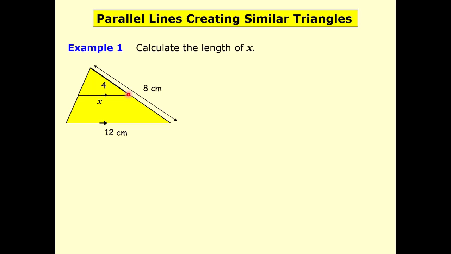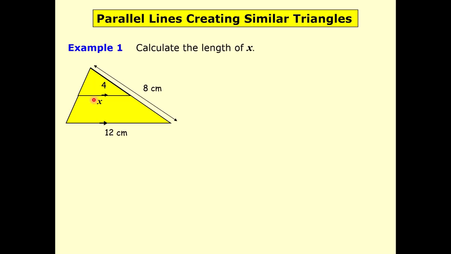Okay, so it looks like we have one triangle, just like that, but because there's a line going straight across the middle and along the bottom, and these arrows here, I hope you know that they mean that those two lines are parallel.